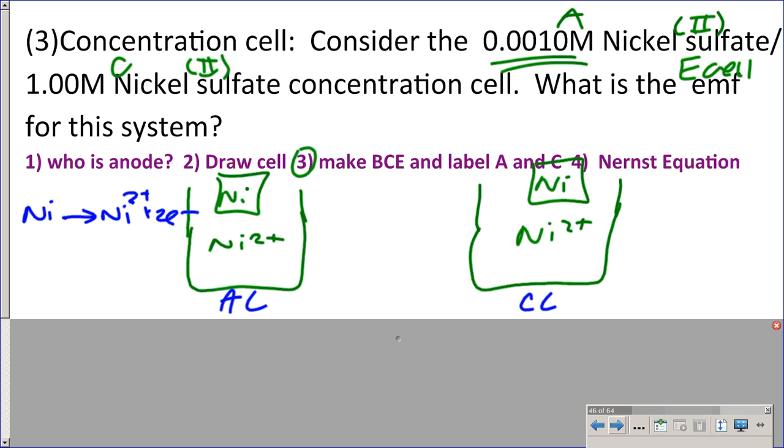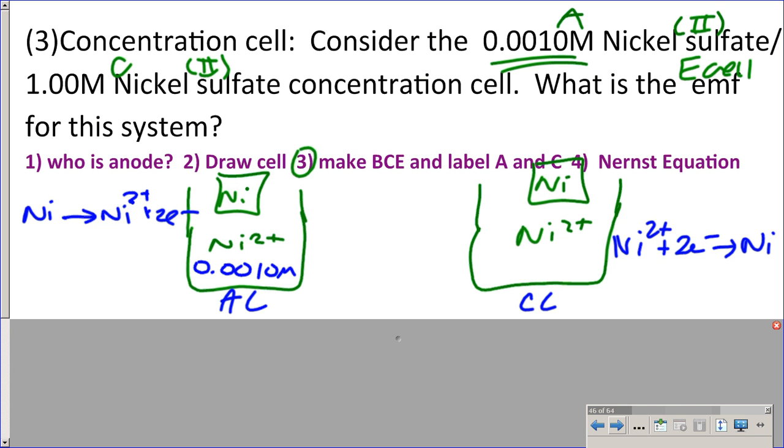Because it's going to be gaining. So nickel 2 plus plus 2 electrons yields nickel solid. The only reason I have you do this is because we have to make a BCE out of these two reactions. It's the same reaction though, so you have to write them differently. And before I move on, what concentration goes in this cell here?